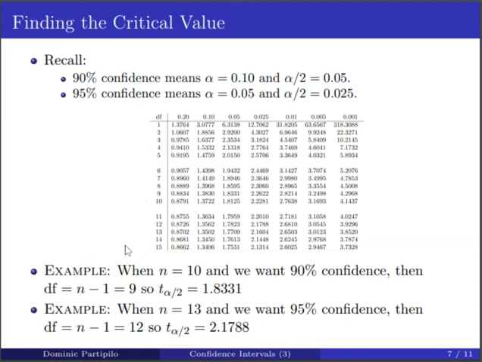So when we look this up on the table, we're going to be looking for 12 degrees of freedom, and we're going to be looking for 0.025 for our alpha half. And when we find where those two meet, we'll find that our critical value is going to be 2.1788. So t alpha half is equal to 2.1788. So that's how we look up critical values on the t-table.